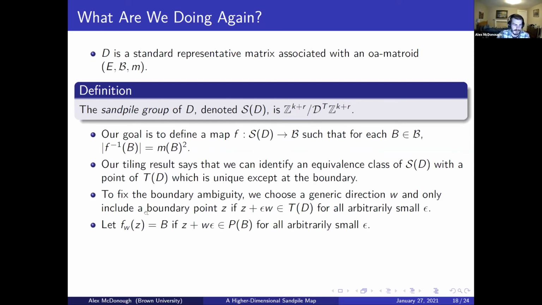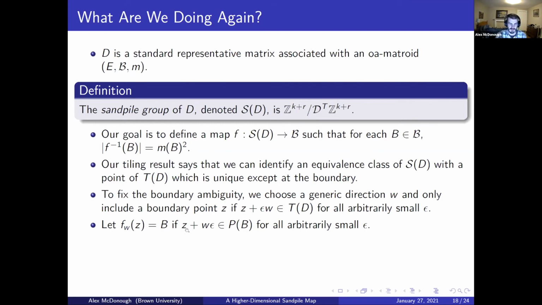But what we're going to do is have this function where, given our direction W, we're going to figure out which parallelepiped we get shoved into. So we know that any of the points that get shoved into this tile have to go into one of these three parallelepipeds. The question is, which one does it go into?